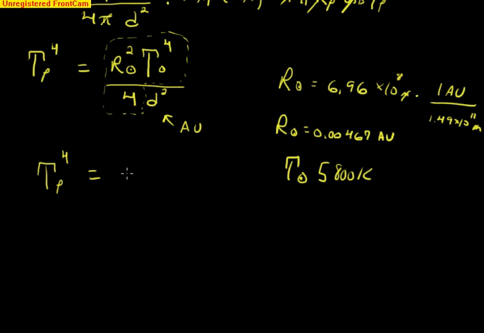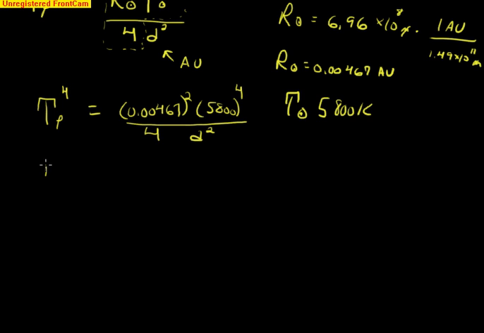So if you take this radius, 0.00467, square it, you take this temperature, 5,800, to the 4th power over 4. That is what I'm trying to calculate right in this little bit here, and then we'll leave our distance squared in AU for the second part of the calculation. This is going to give us temperature of the planet to the 4th power is equal to, this will end up being 280 over the distance to the planet.